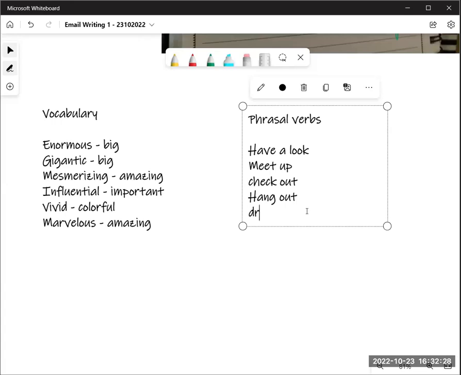Drop by. Get over to. Write these in your notebook. Okay. Put off. Leave space for the meanings. A little bit of space.